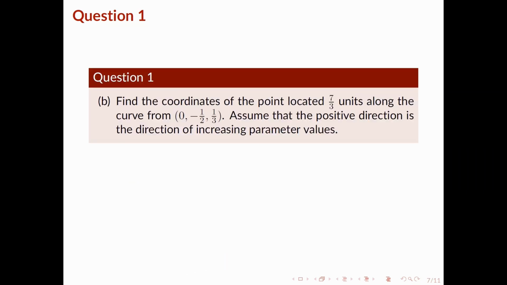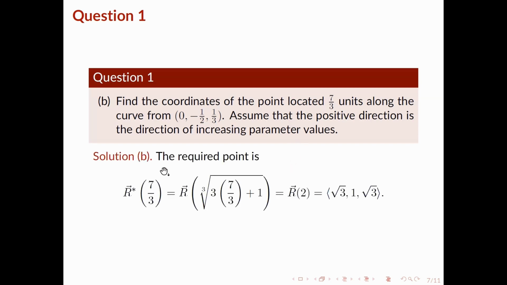Next, we are asked to find the coordinates of the point located 7/3 units along the curve from (0, -1/2, 1/3). Assume that the positive direction is in the direction of increasing parameter values. For this problem, we note that the required point is r star of 7/3, where r star was the arc length parameterization we calculated earlier. Why is this?